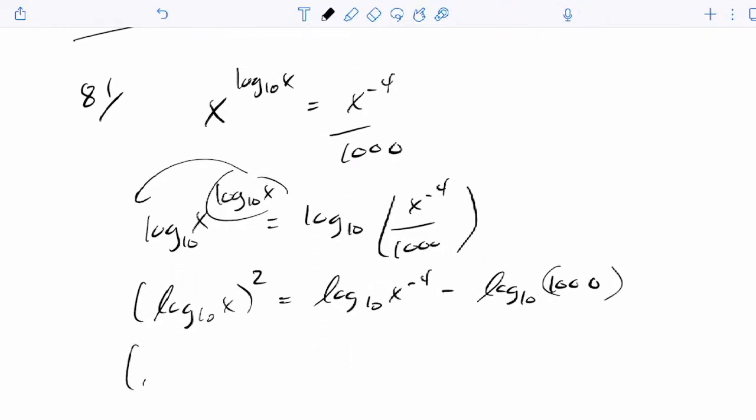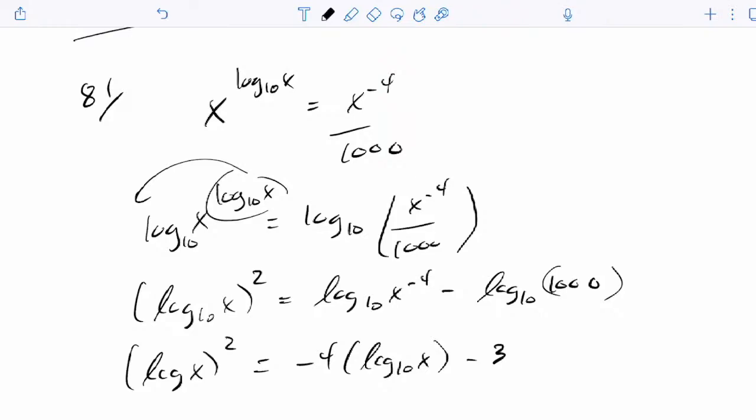So then you've got your log of x squared is equal to negative 4 log base 10 of x minus, this is just going to be 3. Like evaluating that. So I drop down the exponent, becomes log base 10 of x squared. Use your logarithmic properties, because I was dividing, I changed it to subtraction.